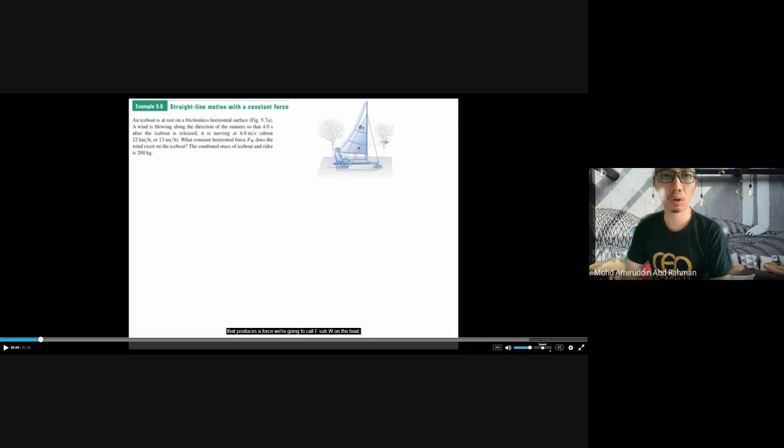What constant horizontal force Fw does the wind exert on the ice boat? So basically that's our Fw, in the x direction, as was drawn. The combined mass of ice boat and rider is 200 kilograms.